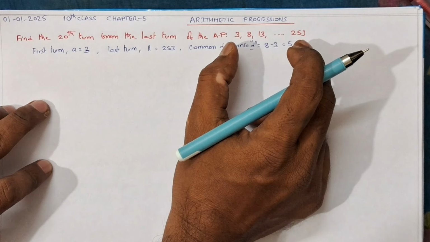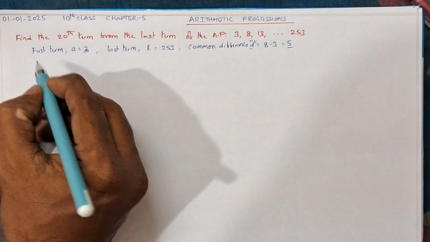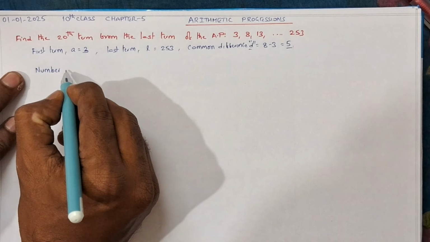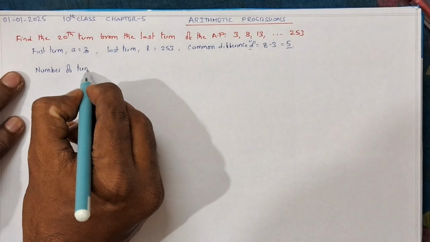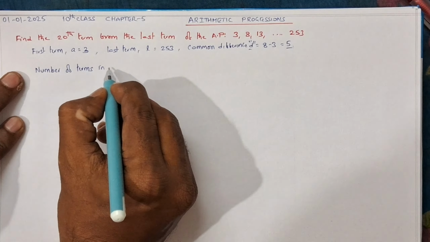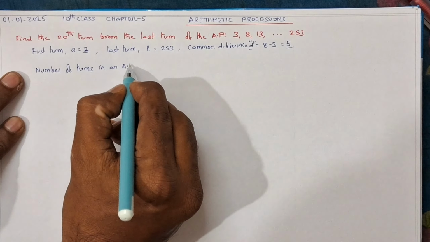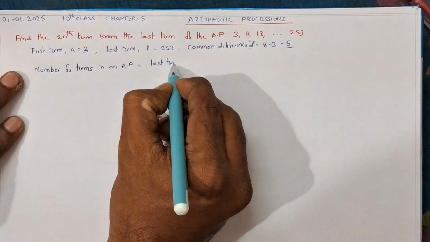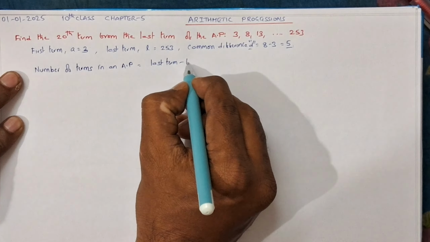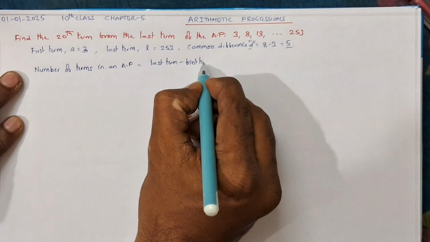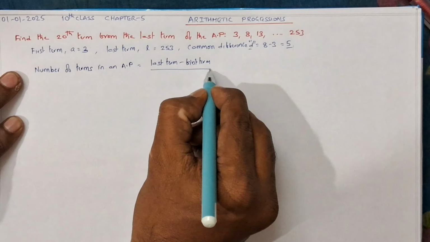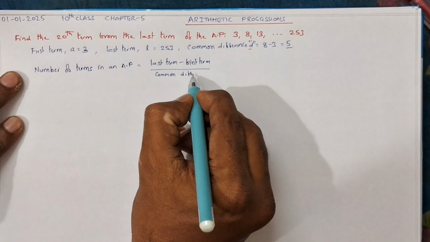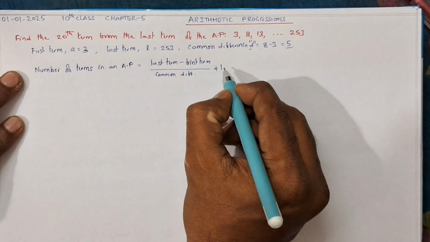We would like to know how to find out the number of terms in the arithmetic progression. Number of terms in an arithmetic progression is equal to last term minus first term divided by common difference, plus 1.